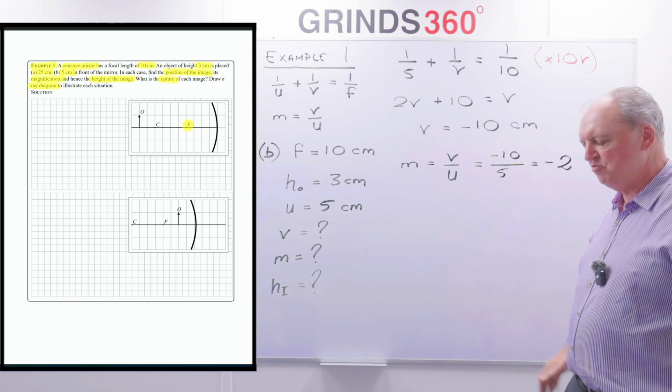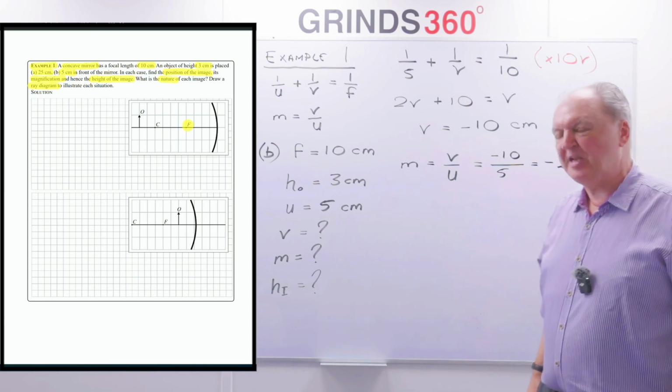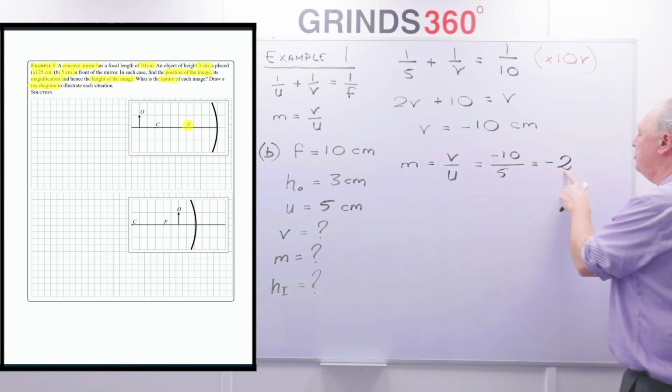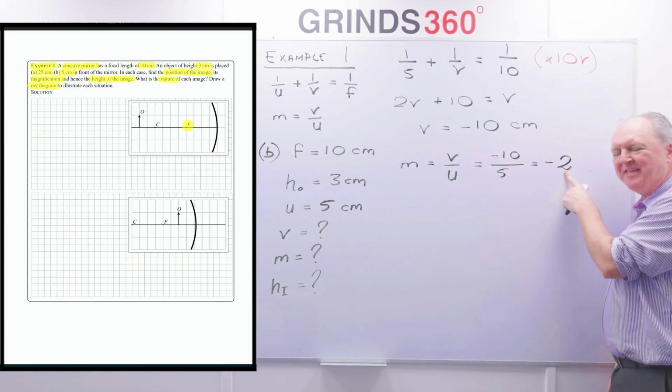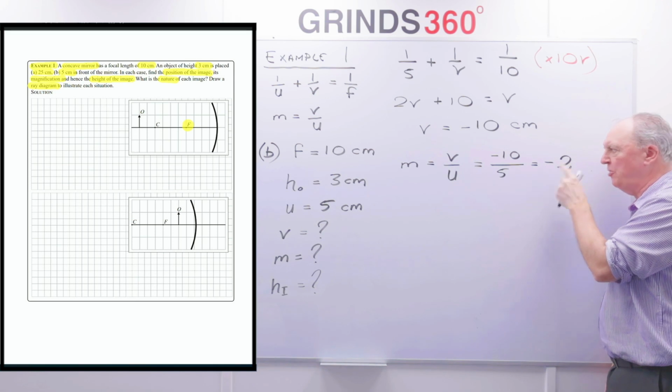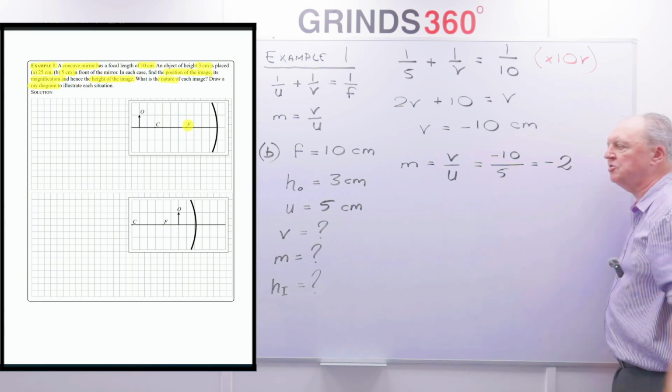Now, the minus 2, just ignore the minus. Just take the absolute value of it in your head. The 2 means that the image is twice as big as the object, but the minus means it's virtual. That's what I want you to keep in mind. So in your head, the absolute value of that is 2. Image is twice the size, but the minus implies it's a virtual image.